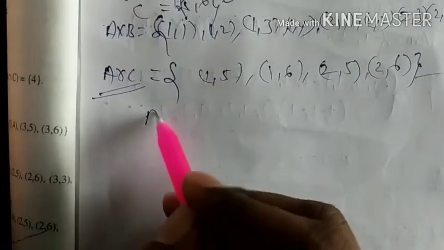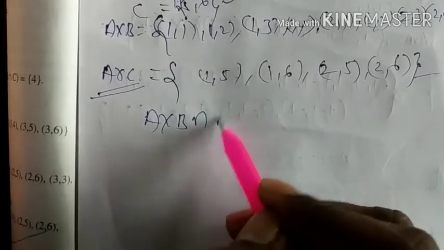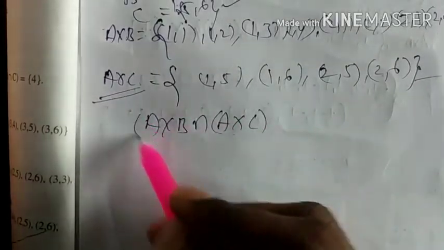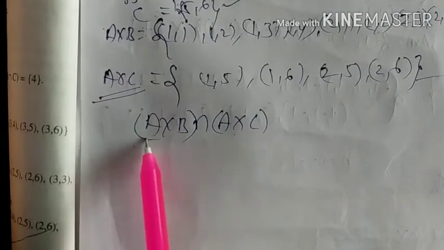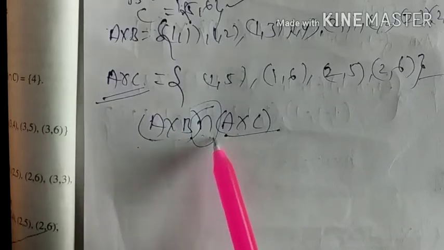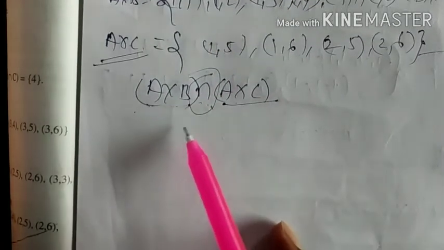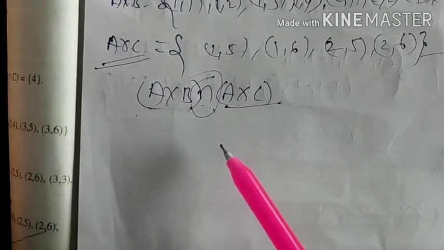Now the conclusion is (A × B) ∩ (A × C). We have already calculated A × B and also A × C, but we are going to apply the intersection operation between these two products. Intersection means the set of common elements available in both the sets, right?